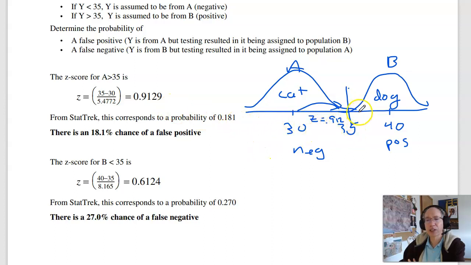So this area is 18%. 18% chance it's a cat, and I call it a dog. The other tail is how far 35 is from 40. In terms of standard deviations, this is 0.62 standard deviations away. From StatTrack, that's 27%. So this tail is 27%. 27% chance of a false negative. 27% chance it's a dog, and I call it a cat.